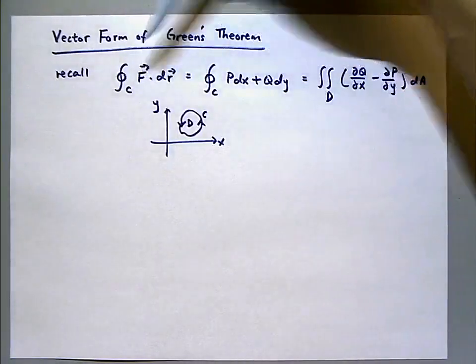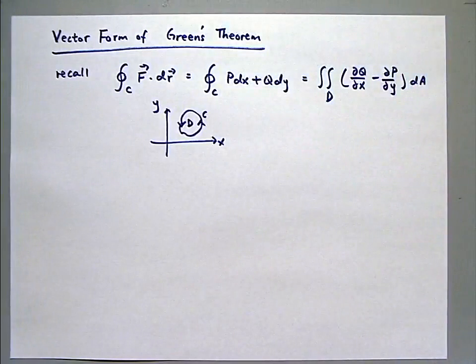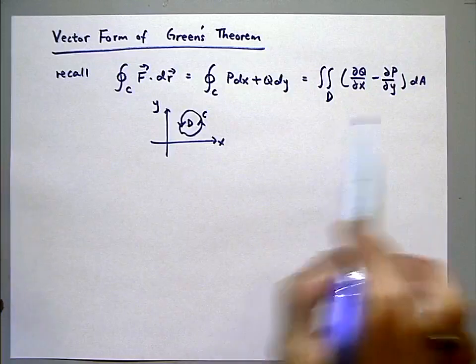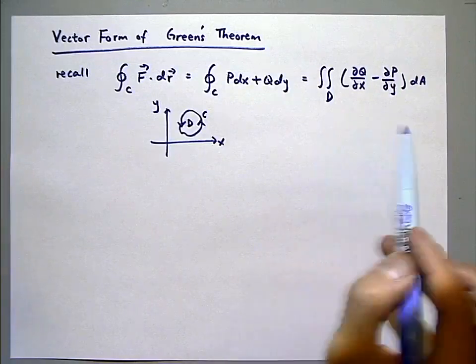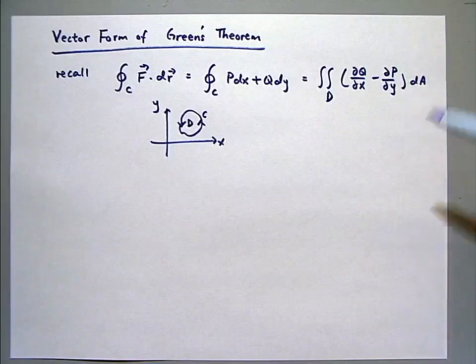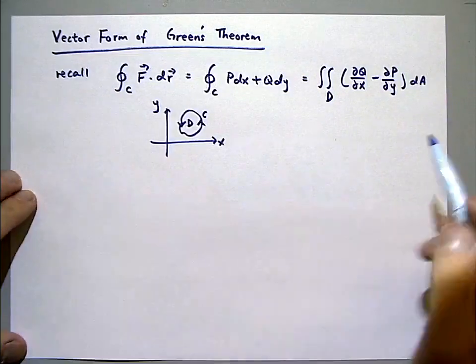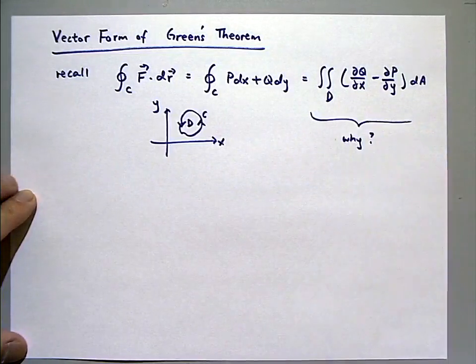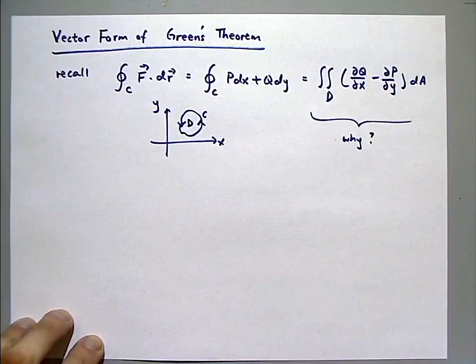A line integral can be made equivalent to a double integral over the region. Now let's find out where this thing came from. Remember back then I said the proof of Green's theorem is kind of complicated. But now we can actually see Green's theorem as a consequence of a curl. So we can kind of answer the question why that's the case.